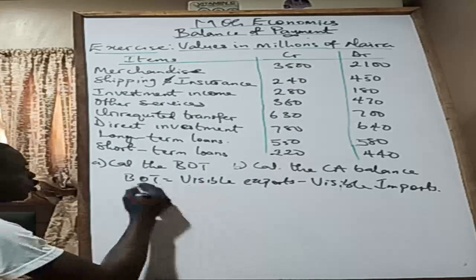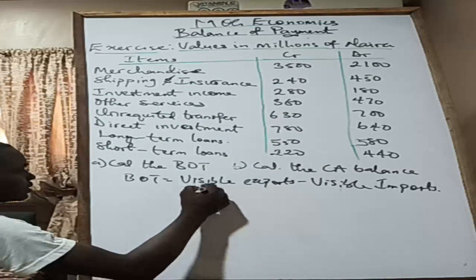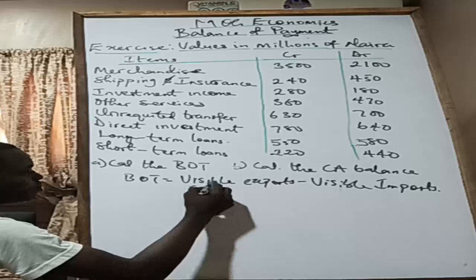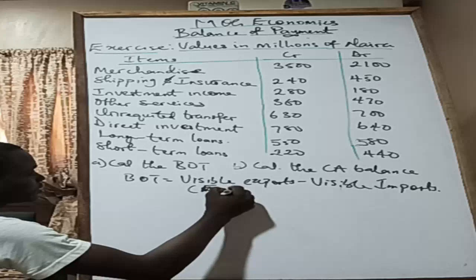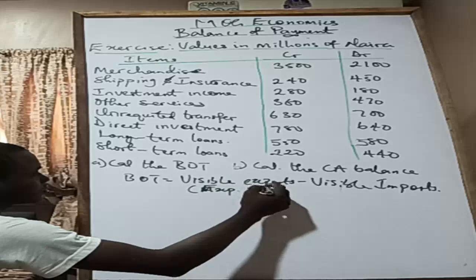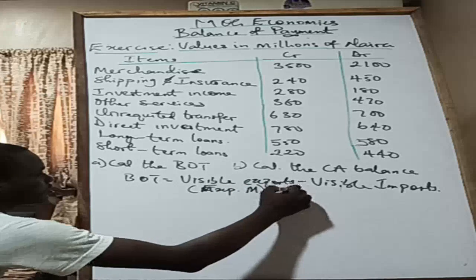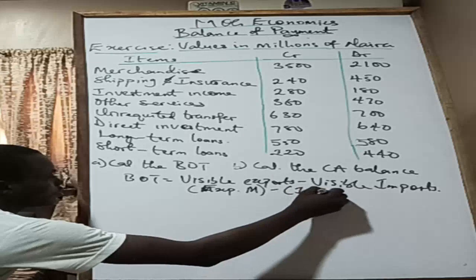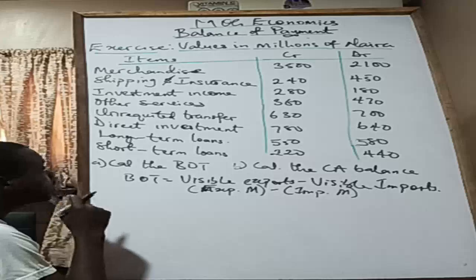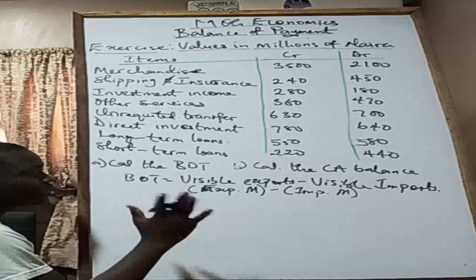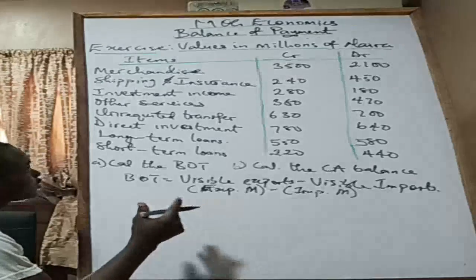All right. So you could extend this: exported merchandise minus imported merchandise. Let me just leave it like this because of space. In case it was an examination, they would have to see all of these things to know the items that you picked, not just random figures.